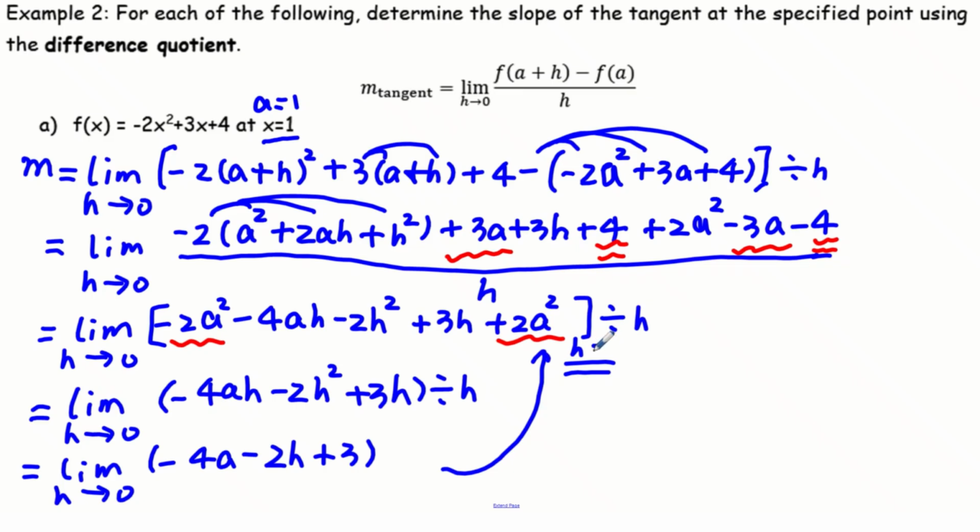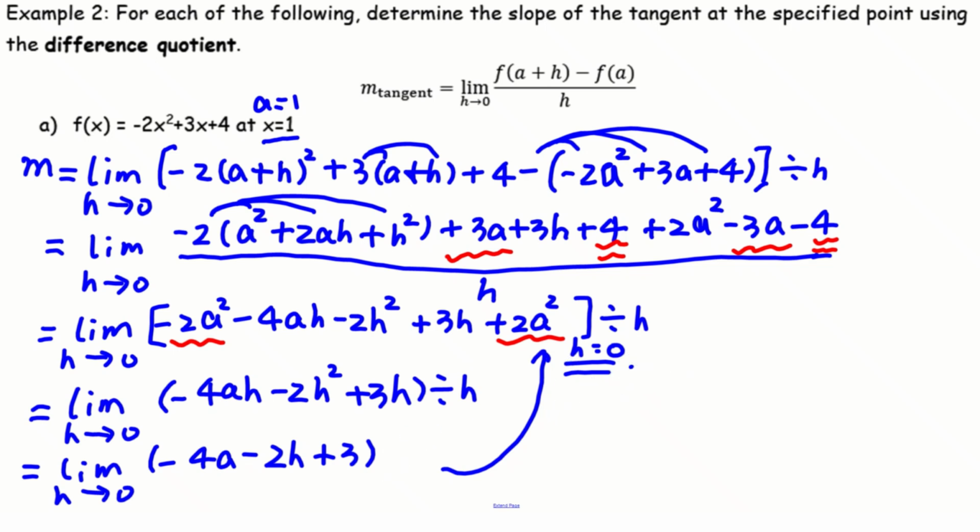Our goal is to get rid of the h, because if we sub in h equals 0 first, dividing by 0 is undefined. So our goal is to simplify and get rid of the denominator h, then we could sub in h equals 0.